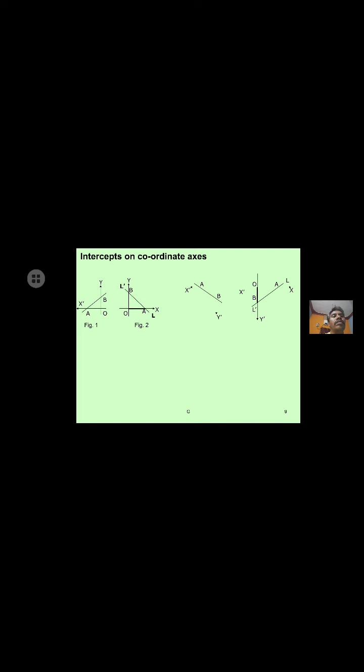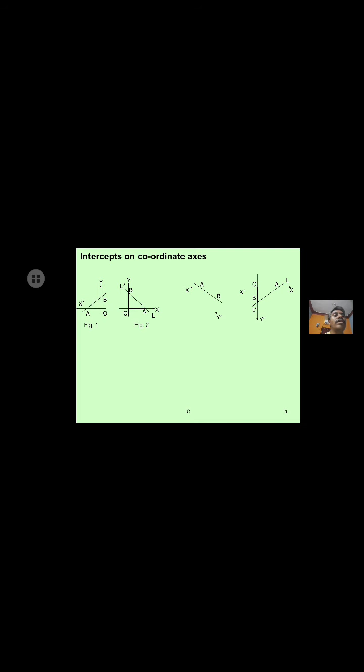In figure 1, A is a negative value because it is on the left side of the origin, and in figure 2 it is on the right side of the origin, so it is a positive distance on the x-axis.